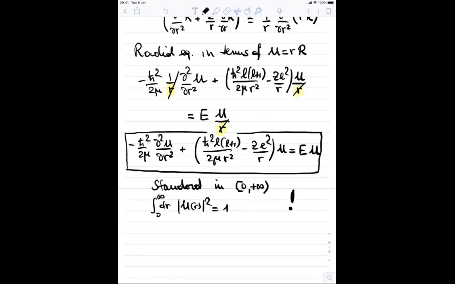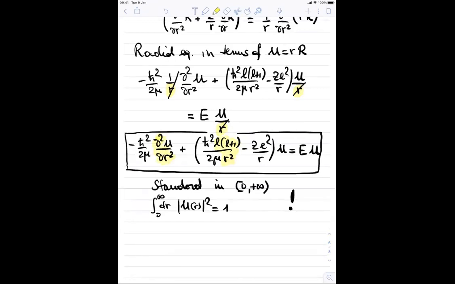So we have reduced ourselves to a radial problem which looks standard in the sense that our kinetic energy is our beloved minus the second derivative. Okay? The only thing to remember is that if I have L different from 0, the potential contains an extra term that is essentially 1 over r squared times the angular momentum of the particle.